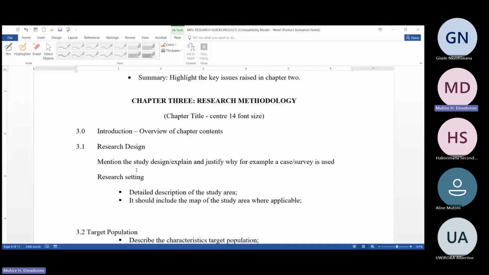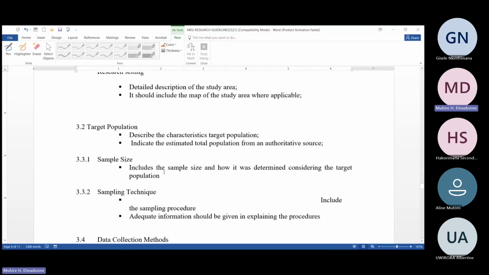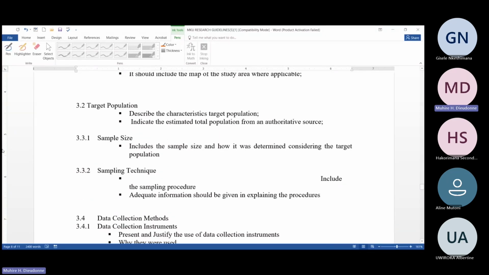You must mention that, and also put the research setting. You must detail where you are going to do your research. For target population, you must describe the target population, and indicate and estimate the total population from authoritative sources.